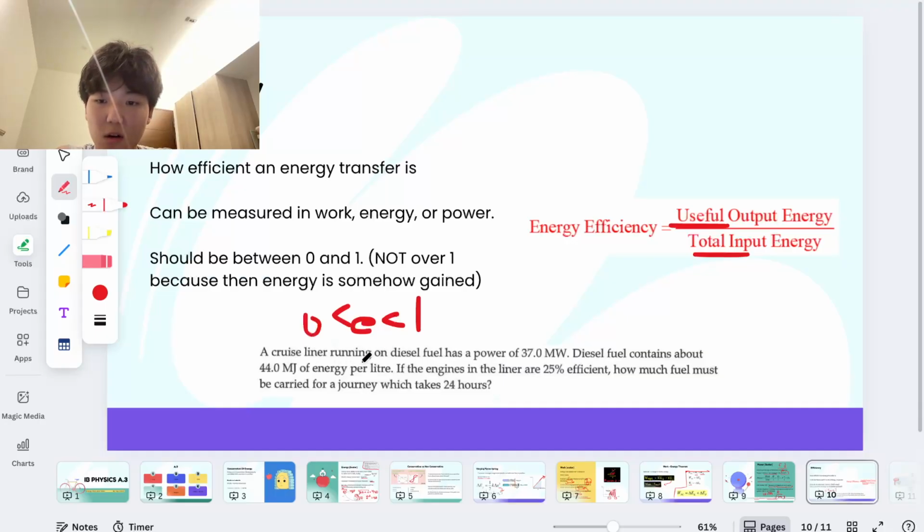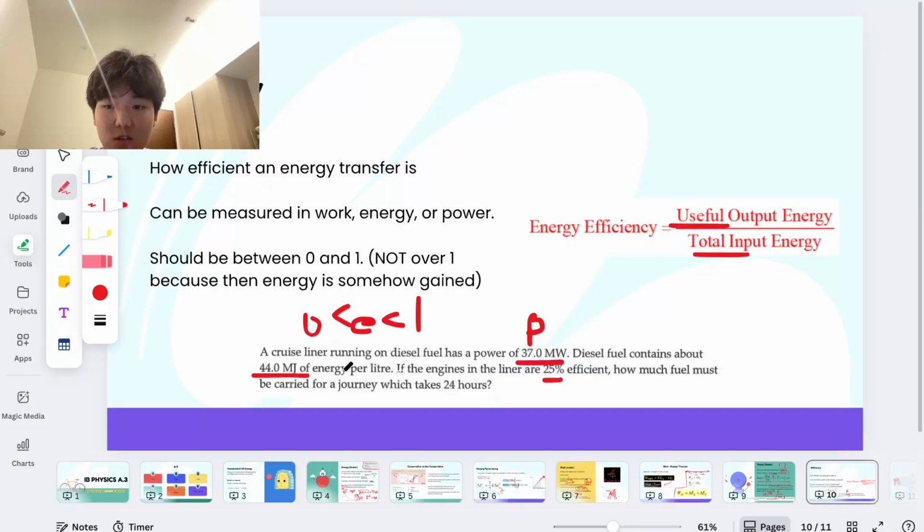A cruise liner running on diesel has a fuel power of this much. So this is power. And the fuel contains this much energy per liter. Engines have 25% efficiency. How much fuel must be carried? So we have power, we have energy. And by the way, 25% efficient.